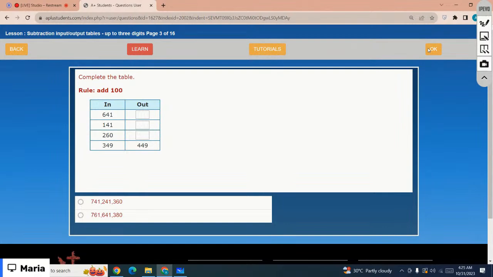Okay, the next one is complete the table, add 100. So which is the correct option? You have to add 100 to each input value to calculate the output value.